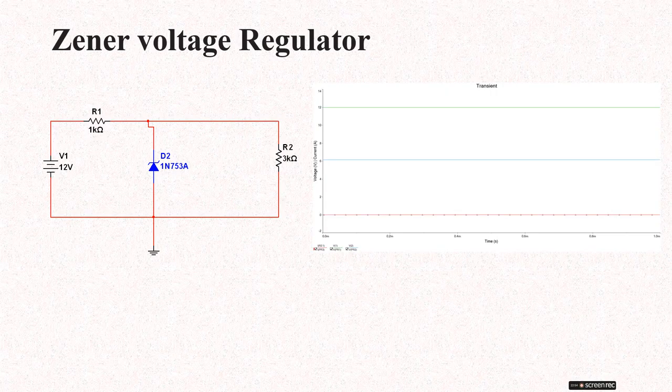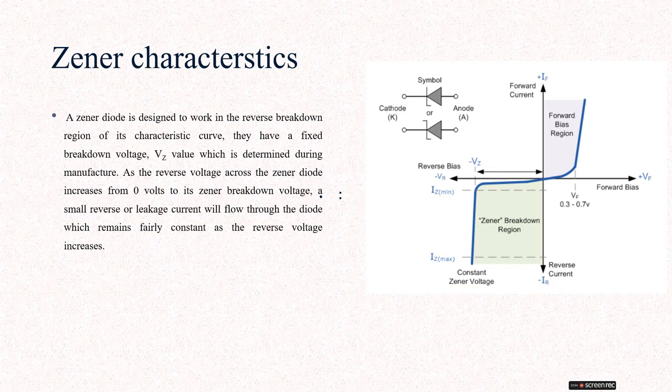Now observe the Zener characteristics curve. I already told you that during forward bias conditions, both PN junction diodes and Zener diodes have the same characteristics, but especially in reverse bias condition, there is a voltage, that is the Zener breakdown voltage.